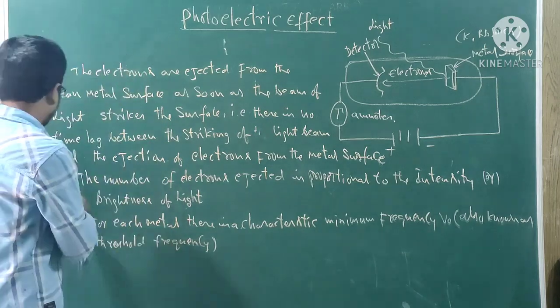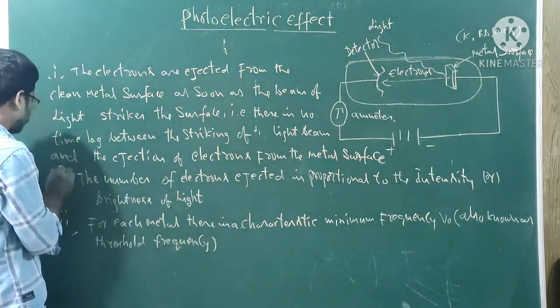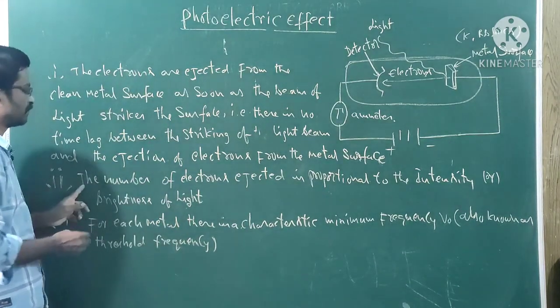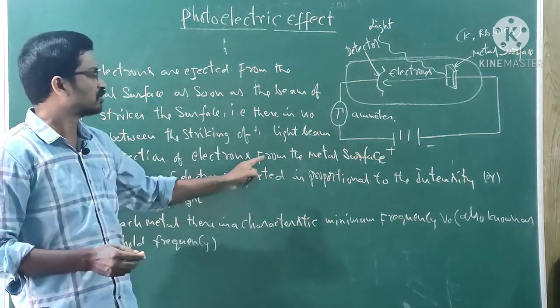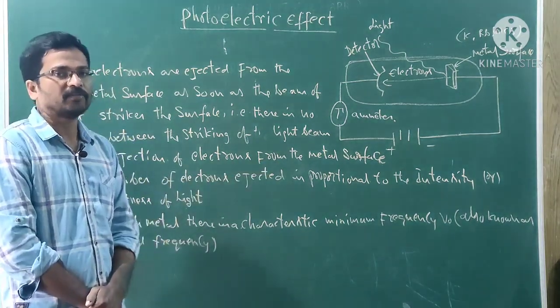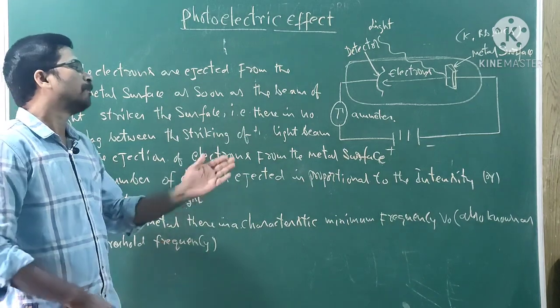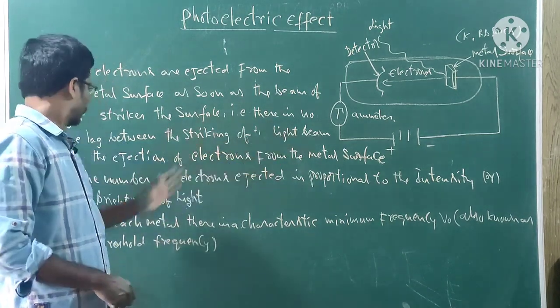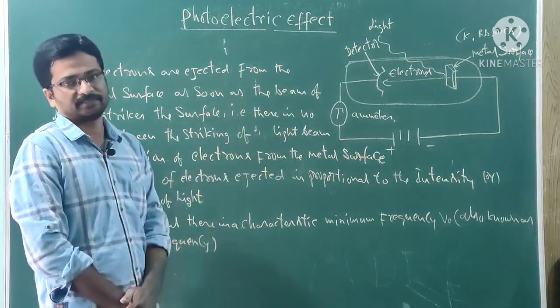Next, the second point: the number of electrons ejected is proportional to the intensity or brightness of light.